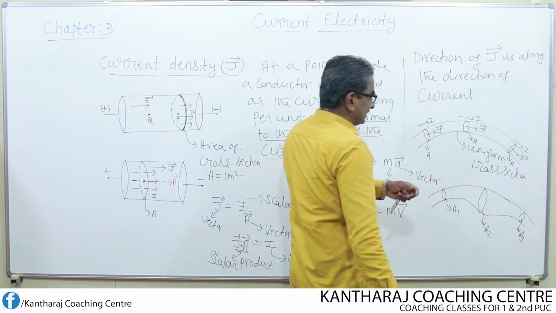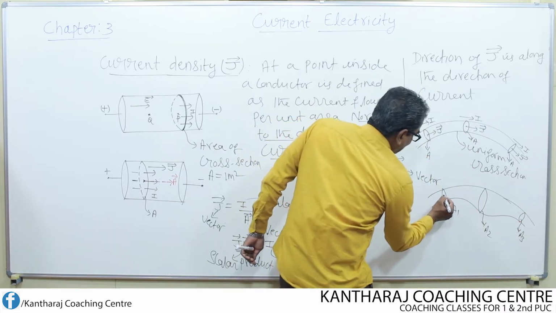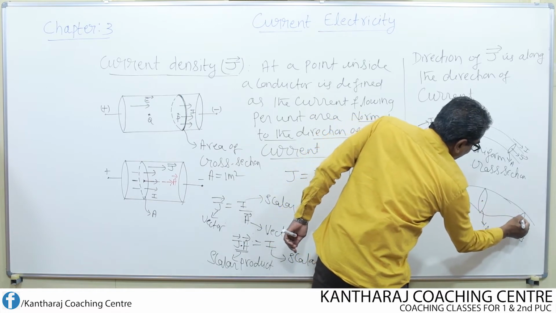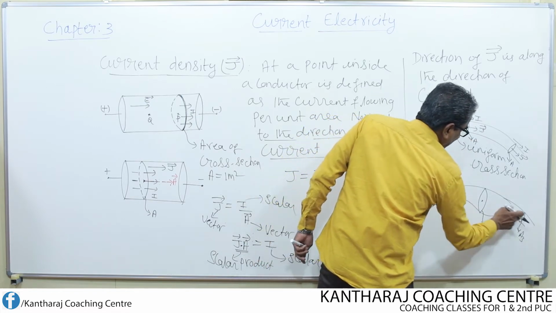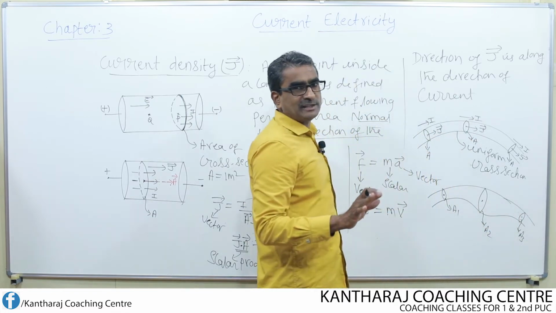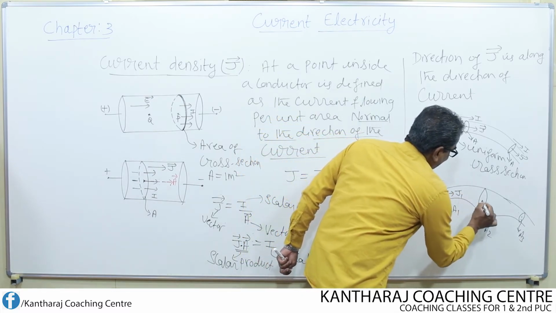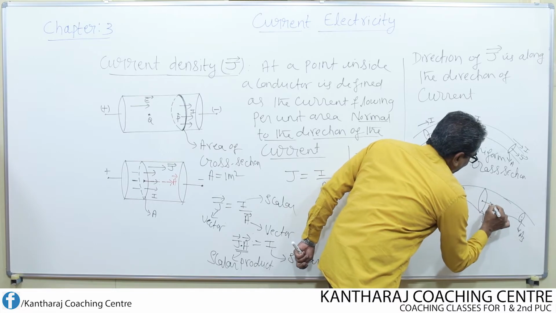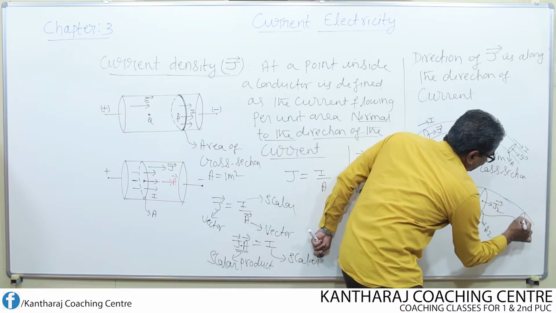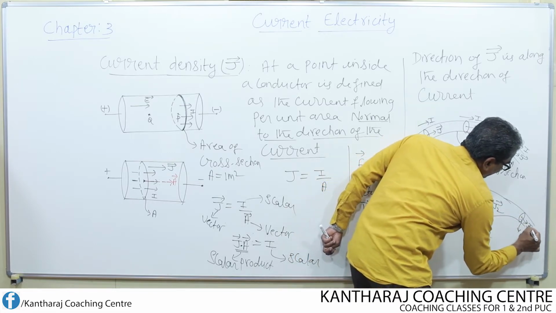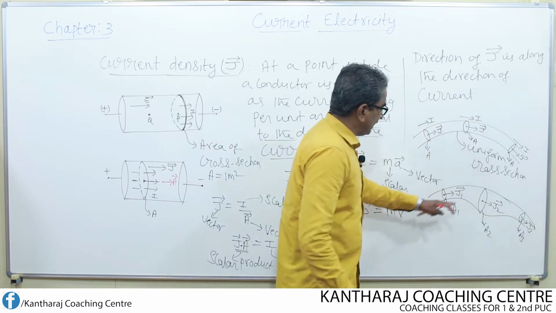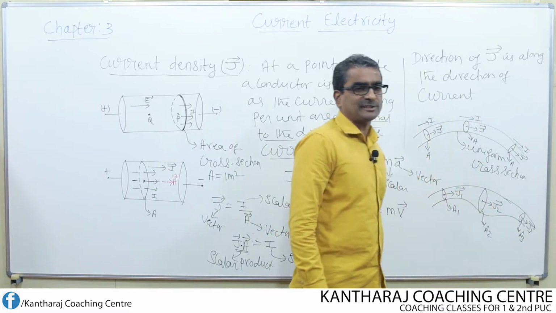Now the current density at different points is not one and the same. If the current density at this point is J1, at this point it will be J2, and at this point it will be J3. Why is it so? Because the area of cross section is not remaining the same.